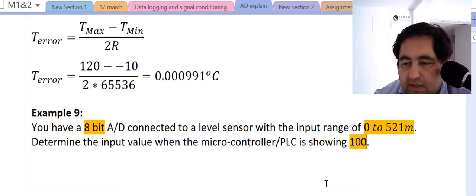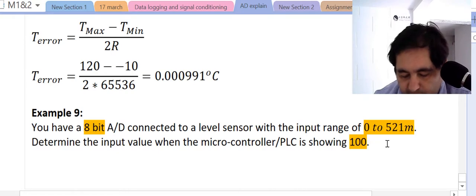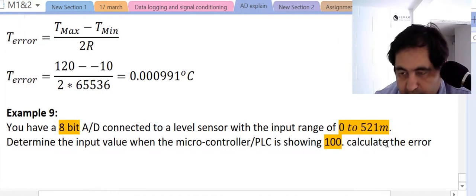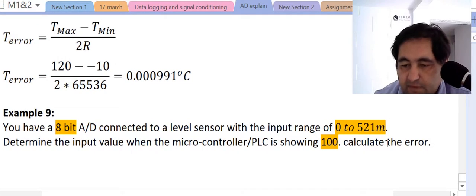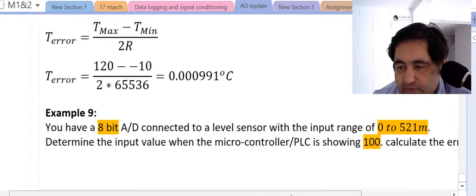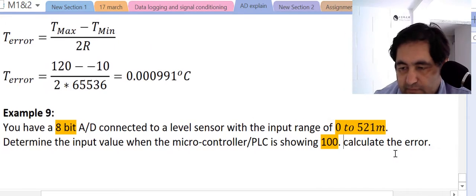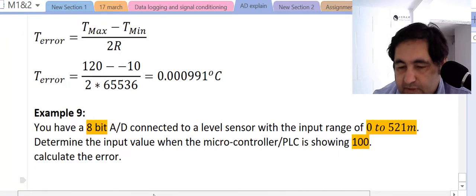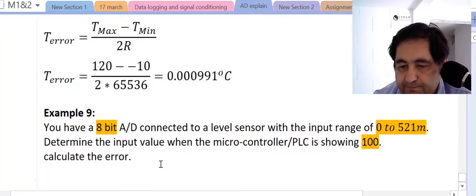And then also we have to calculate the error. Basically that is what we're doing here. Put that on the next line so that you can see the whole page.